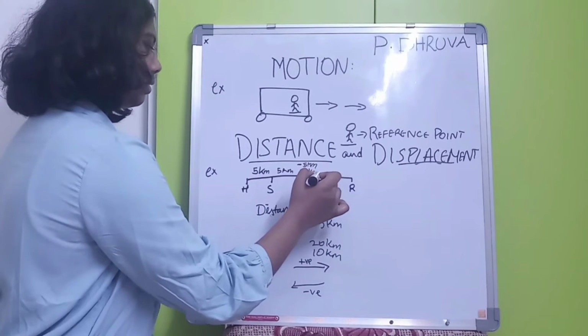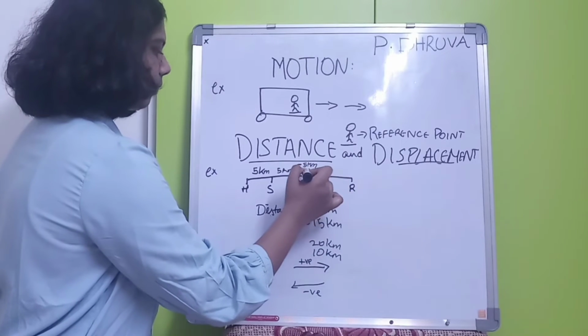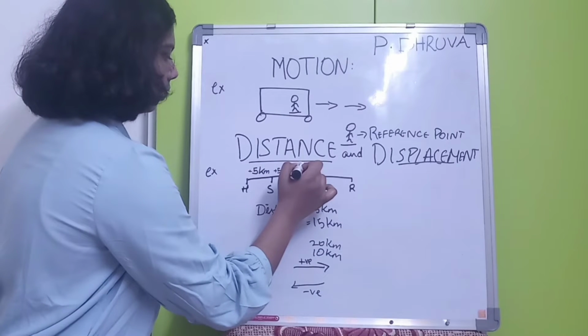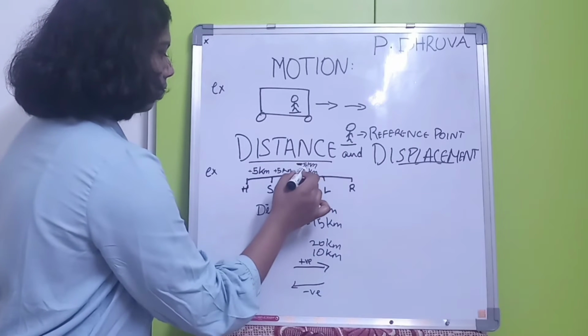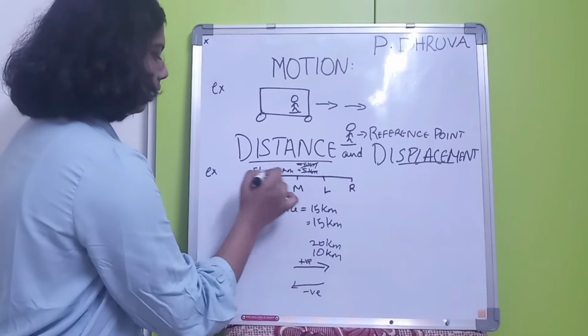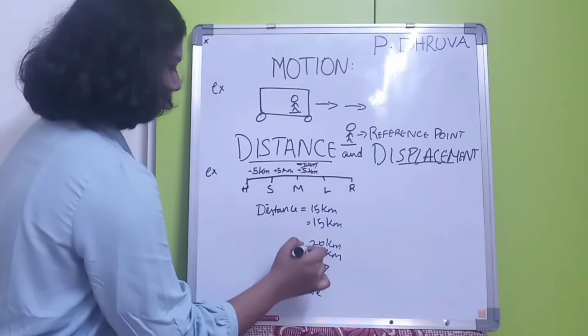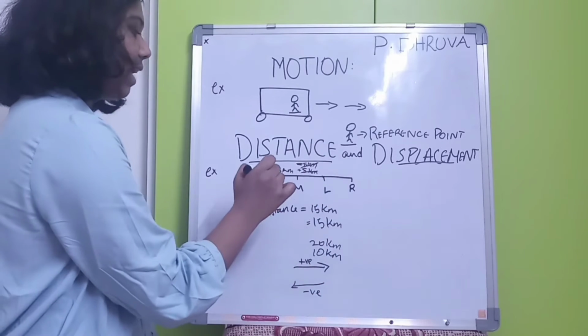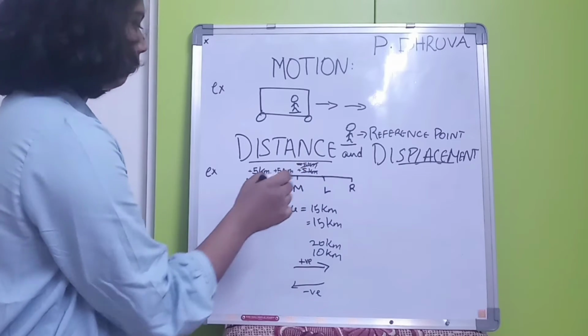So while going from market to library, it is plus 5, and while coming back, it is minus 5. So minus 5 and plus 5 cancel, and only these two are left. 5 plus 5, 10. This is how we found this. As there are negative values in displacement, this is how we find it.